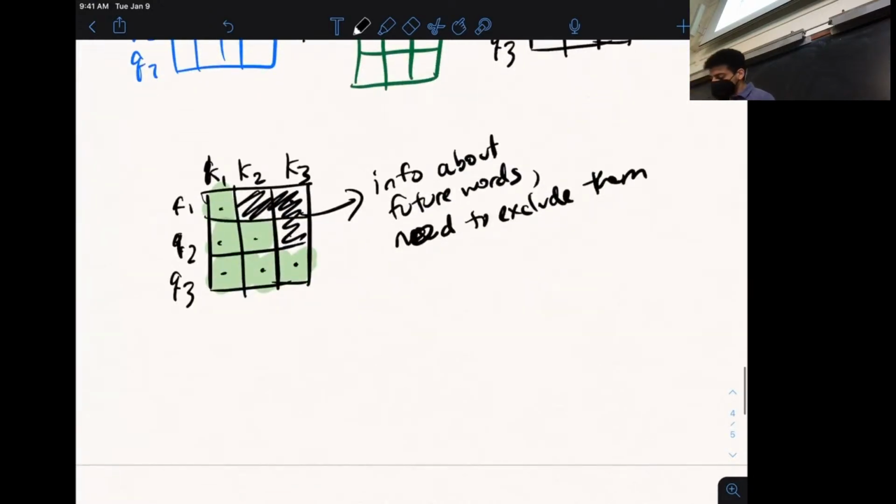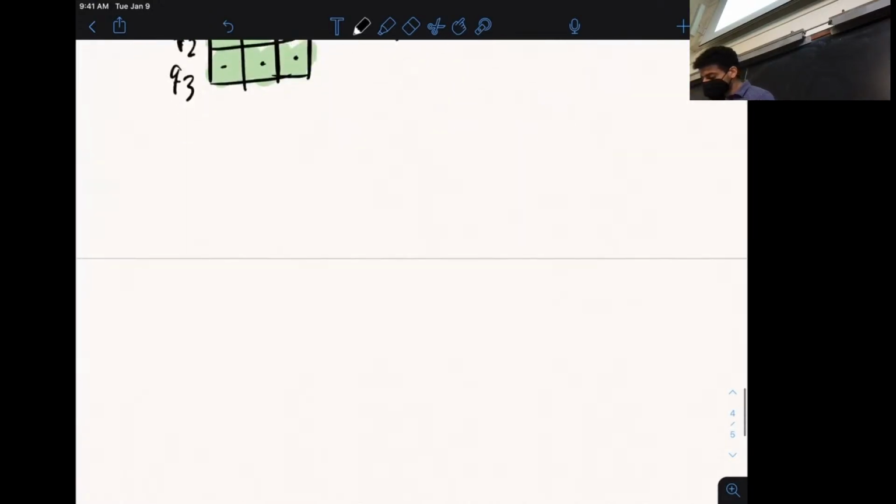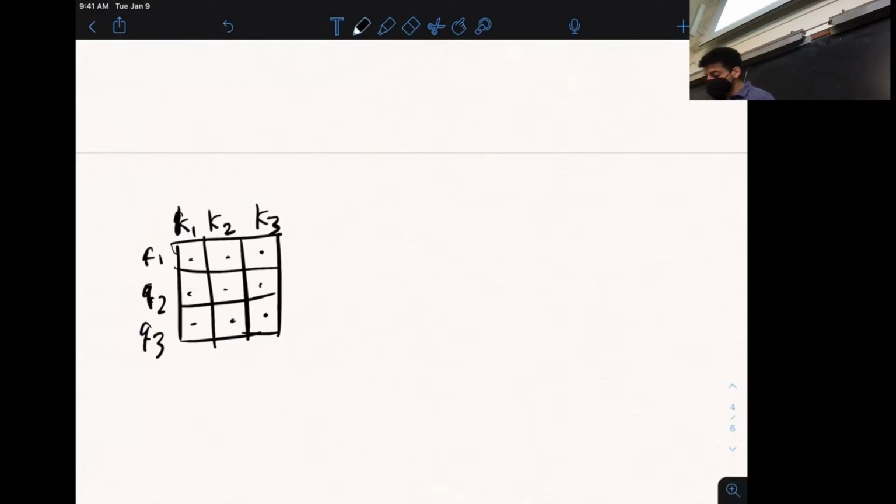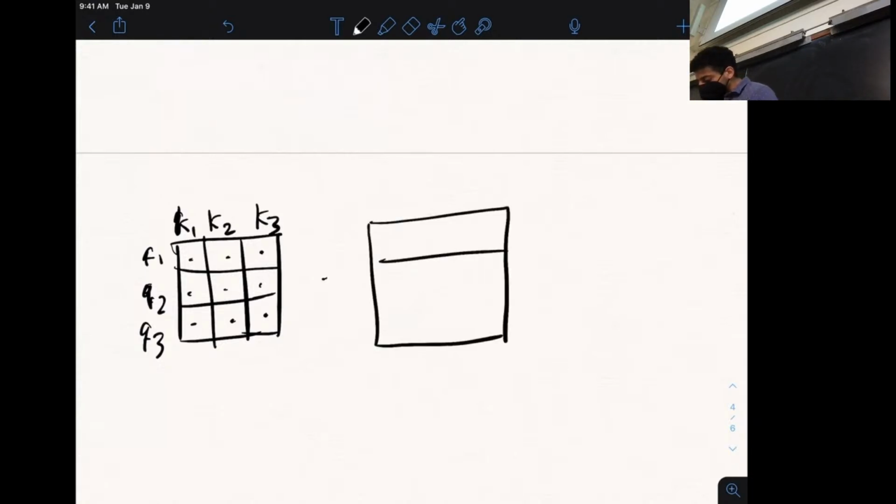And so the way we do this is to use a mask matrix. This mask matrix will eliminate these undesired cells from the computation of our attention scores. Specifically, if we have a 3x3 mask matrix, we're just going to put a 1 in each of the cells where we want to preserve the value, and in the others we're going to put a negative infinity.